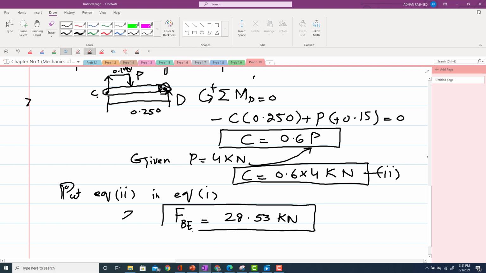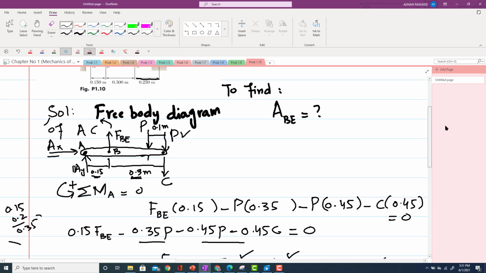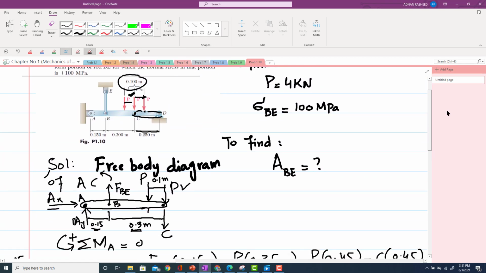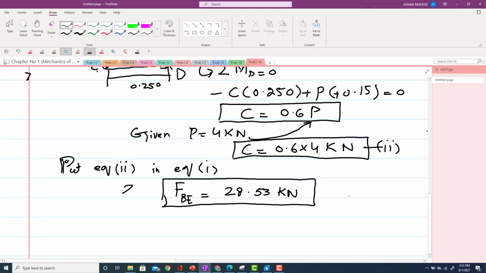Now you have found FBE, and I have told you that you have to find the cross-sectional area. As you know, sigma BE is also given, that is 1100 megapascal.